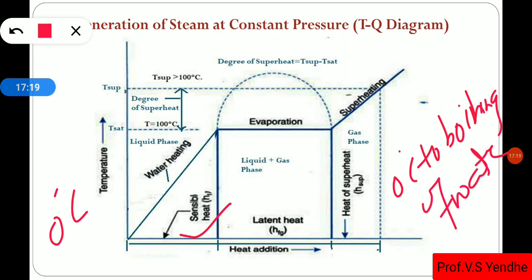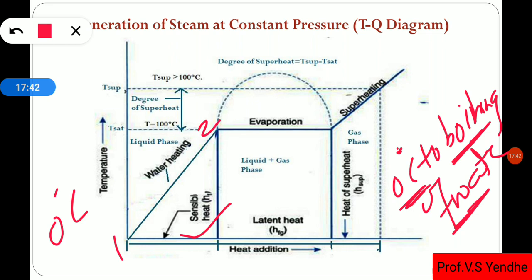That means the amount of heat required to raise the temperature of water from 0 degrees Celsius to boiling water, that means from 0 to 100 degree Celsius. That means 1 to 2. This is the sensible heat.